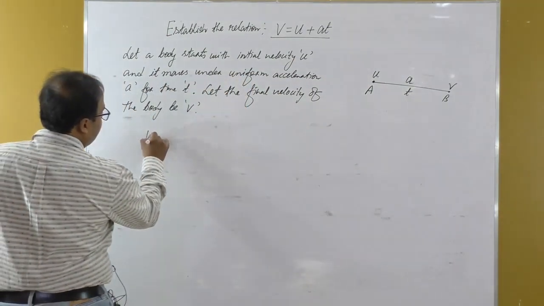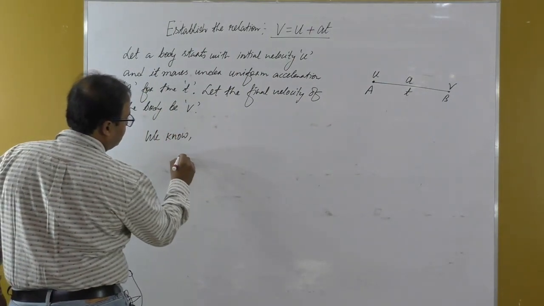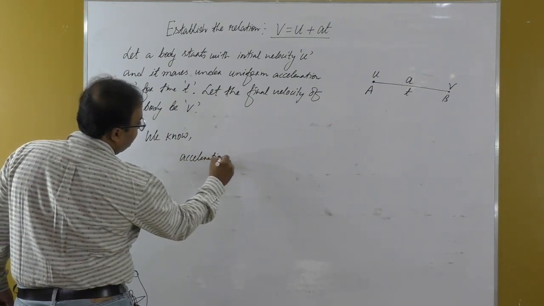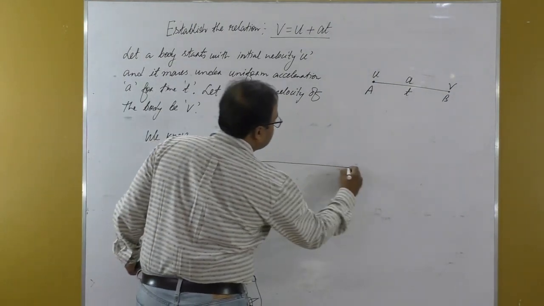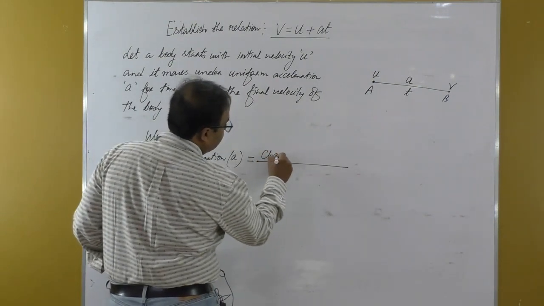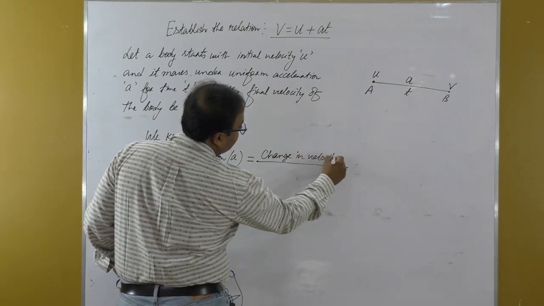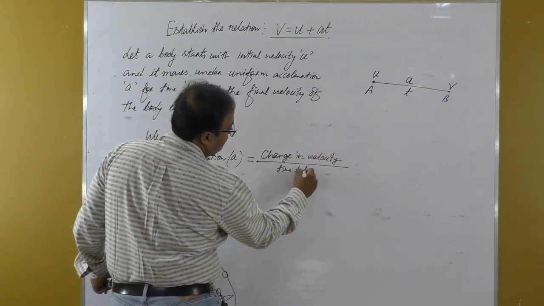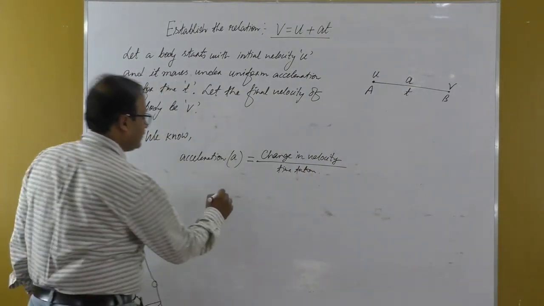And we know the definition of acceleration. By definition we can write acceleration a, or uniform acceleration a, is equal to change in velocity by time taken.